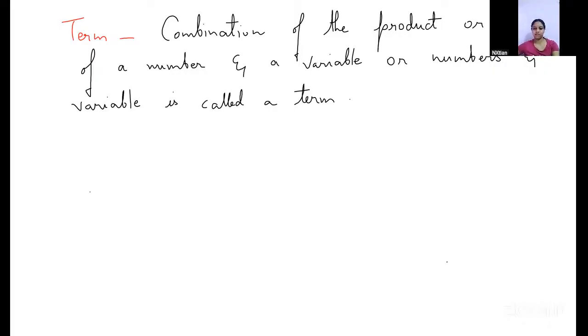Now take a look at some of the terms that I'm writing, and we'll see how we work out their coefficients. If we have minus 3x as a term, for example, minus 3x and 5 upon x.